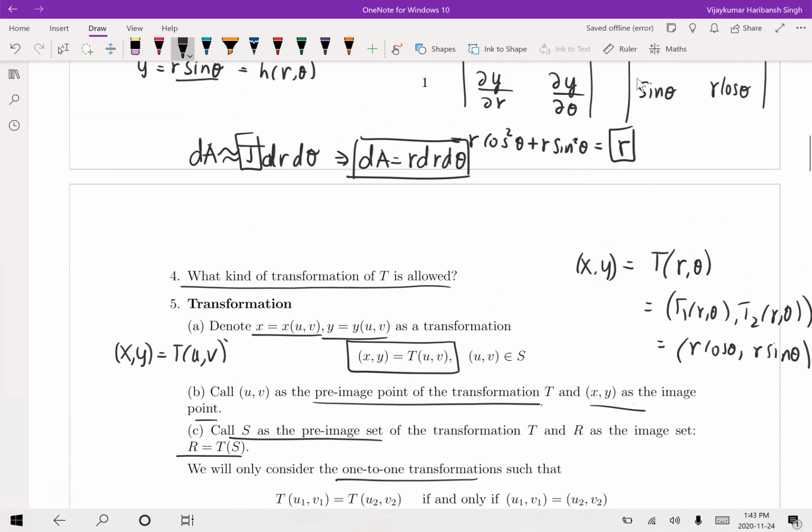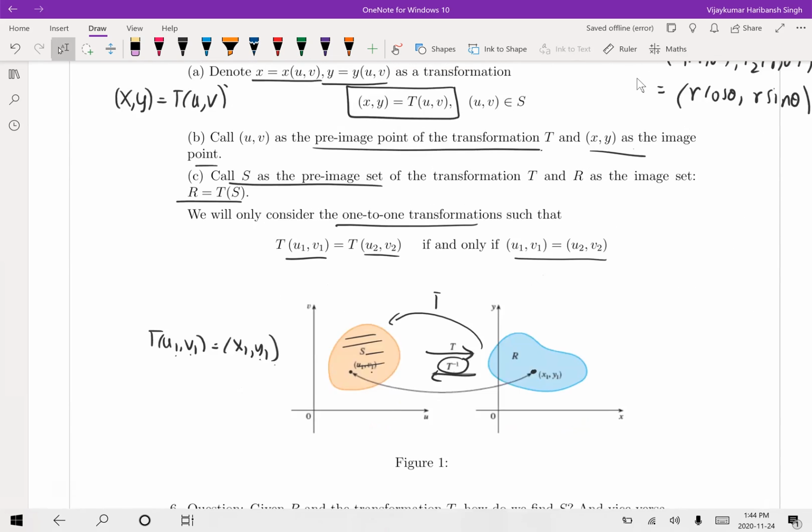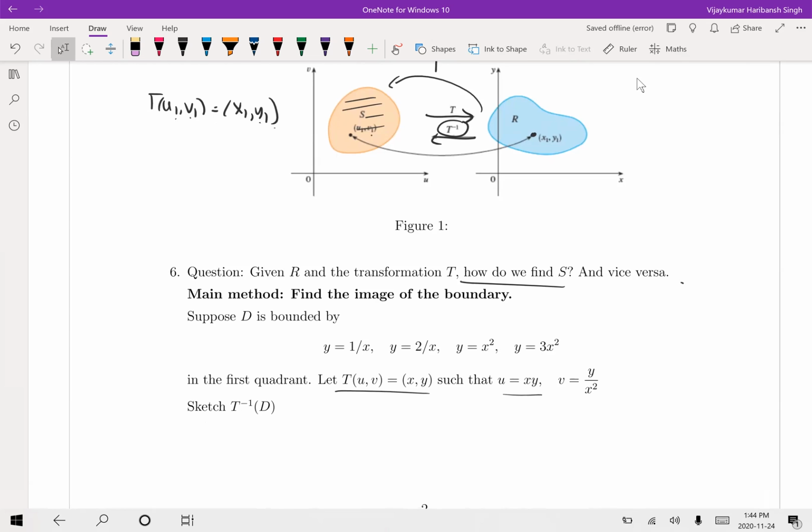Note that T is not a linear transformation. If you have done linear algebra, we generally discuss T as a linear transformation, but this is just a transformation. We actually need this transformation to be continuous and differentiable, called a C1 transformation, but that's not our concern at the moment.